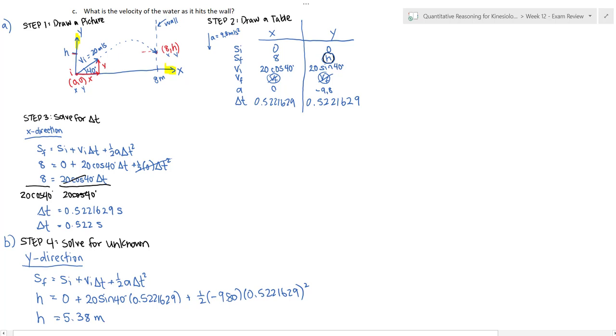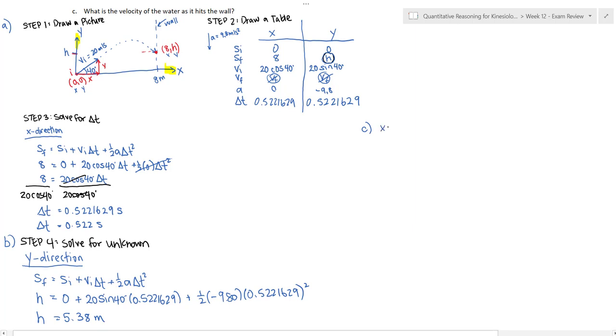Now part C is asking what is the velocity of the water as it hits the wall. So we're going to move that to this area here. Now we're looking for the velocity. When we look for the velocity, it means we need to find both the x component and the y component of the velocity. So we're going to start with the x direction, and then we're going to find the y direction.